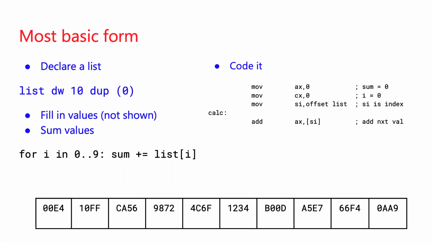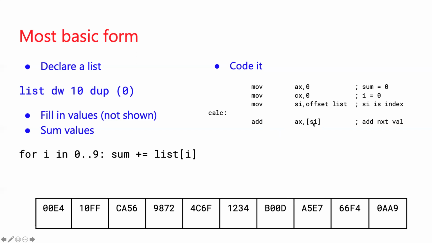And this is our first indirect addressing mode. It looks kind of like syntax we've used before. I want to add something to AX. Normally, when we put something inside square brackets, it's the name of a variable. It's something in our data segment. But here I'm using SI, the source index register.